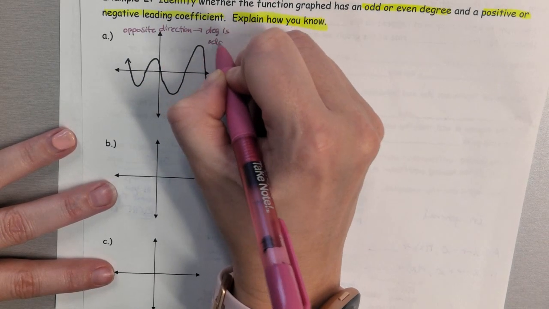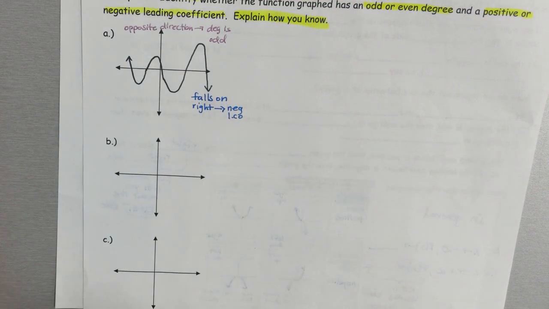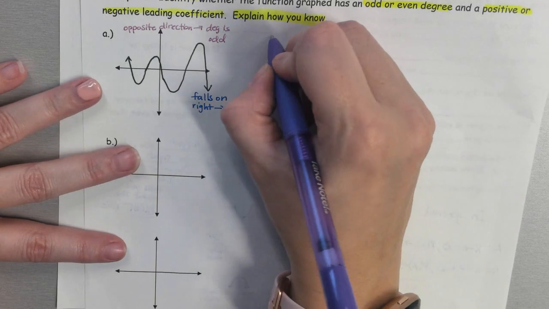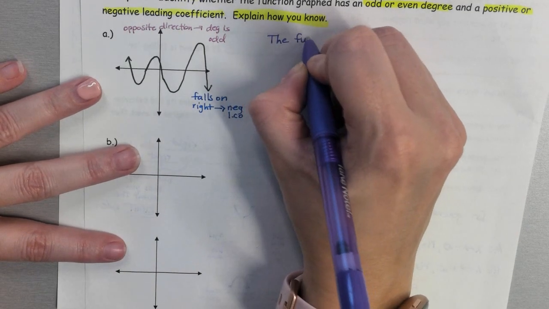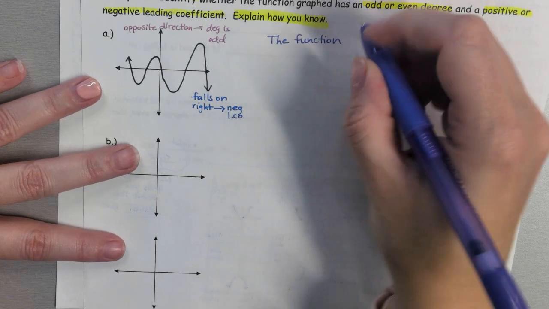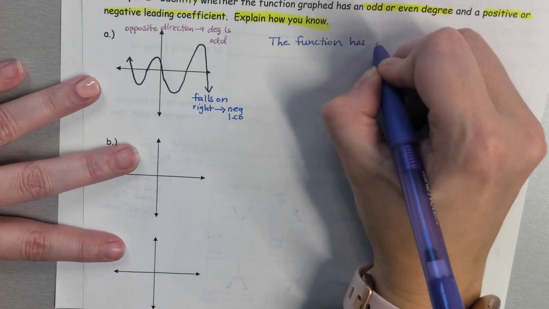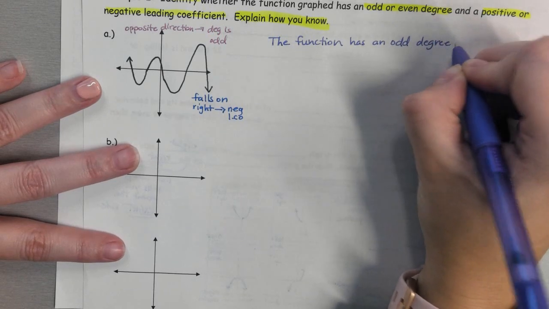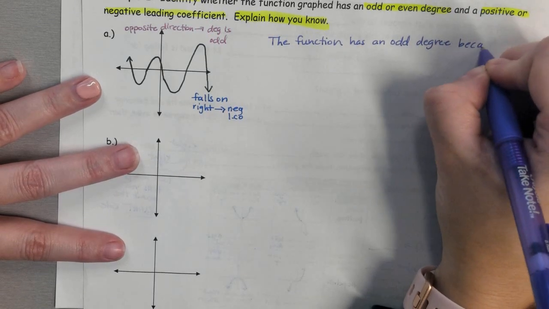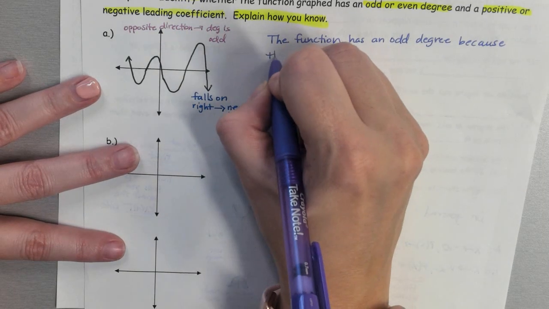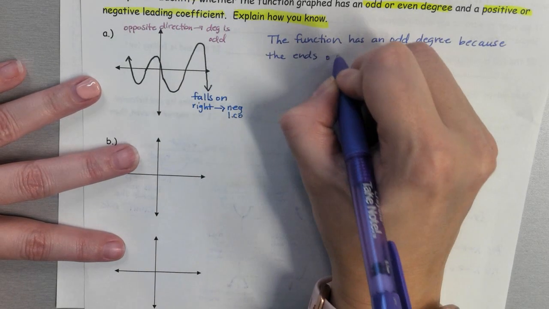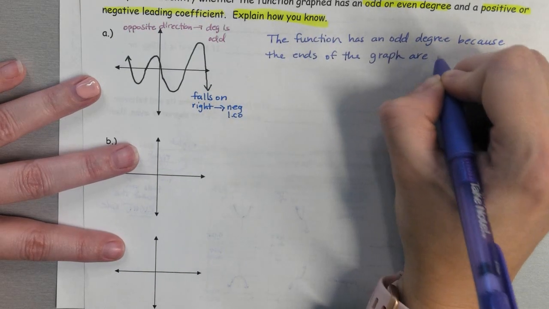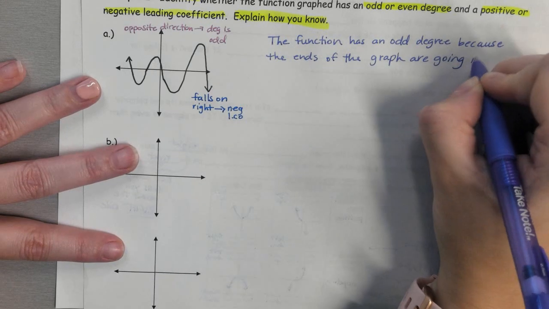Okay, so now we are going to write our sophisticated answer. The function has an odd degree because the ends of the graph are going in opposite directions.